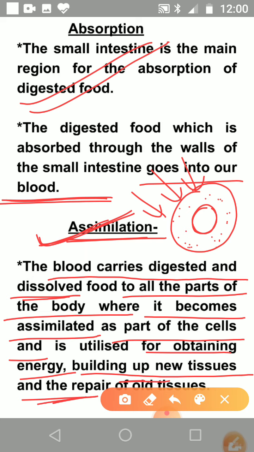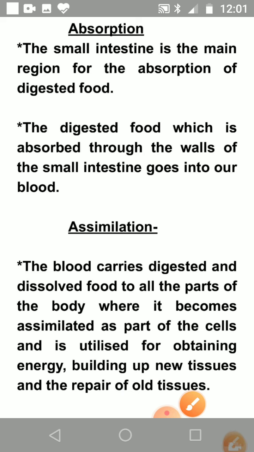So every day new cells arise in our body, and they arise because of this food, because for this development they need the food material. So these cells utilize that food for energy, for building up new tissues, for repairing old and damaged tissues, and for various metabolic activities. So that happens after the food is digested in the small intestine.